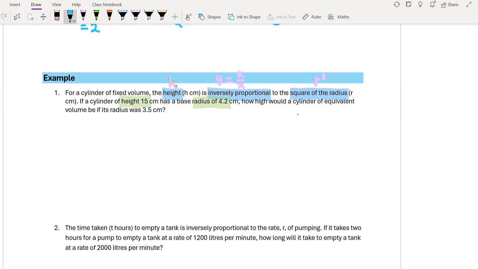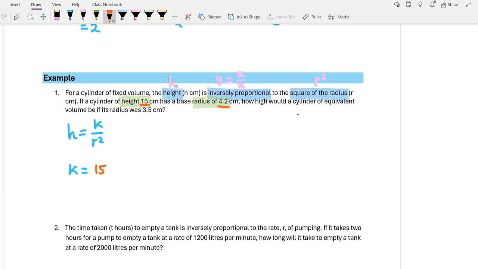So let's put all of these together. Instead of y and x, let's have h equaling k over r squared. And then we know when h is 15, let's use this, k being x times y.